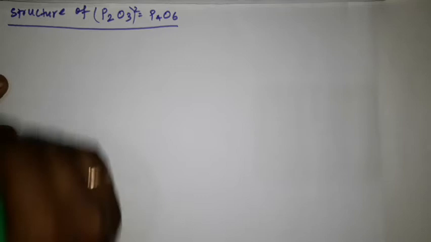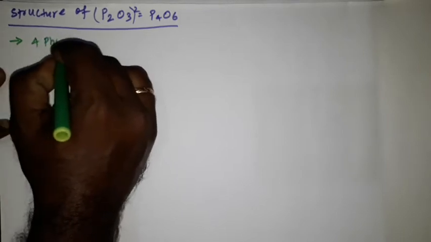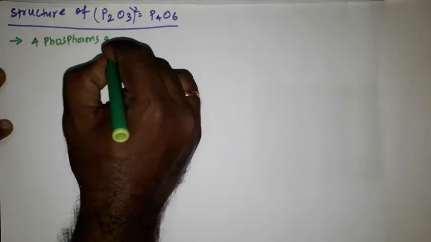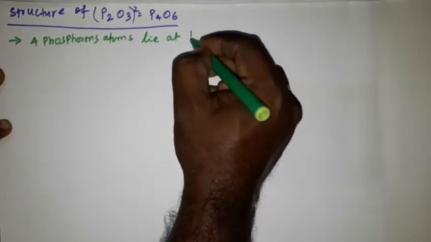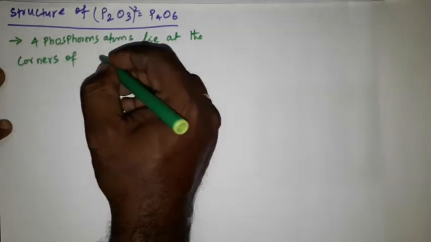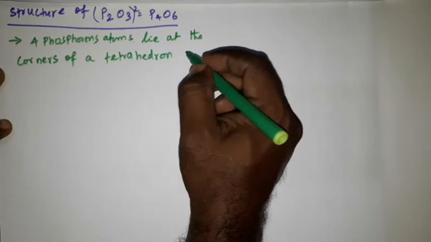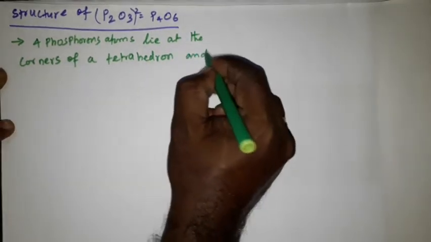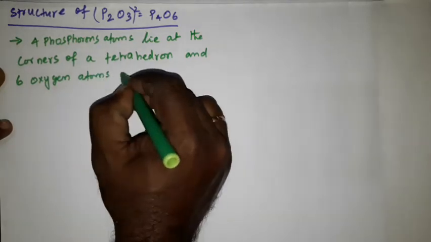To draw the structure, first point: in phosphorus trioxide, 4 phosphorus atoms lie at the corners of a tetrahedron and 6 oxygen atoms lie along the edges.